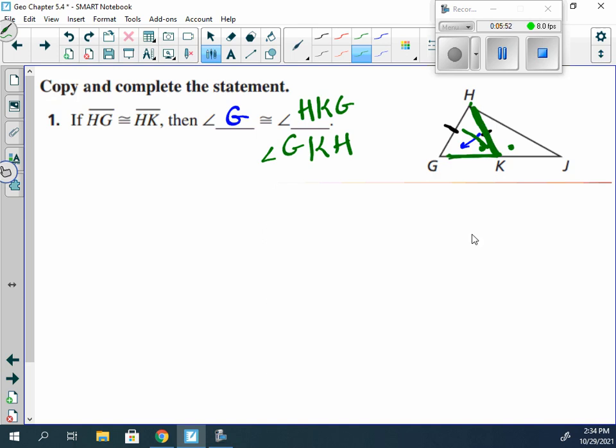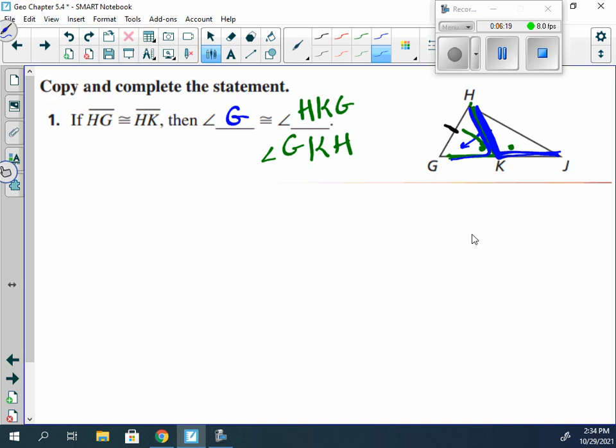So it's like that. What about something? Yep, because we also have H, K, J. Oh, that's a whole different triangle. Those are two different angles, because there's more than one angle at point K. HKJ would be this one here.